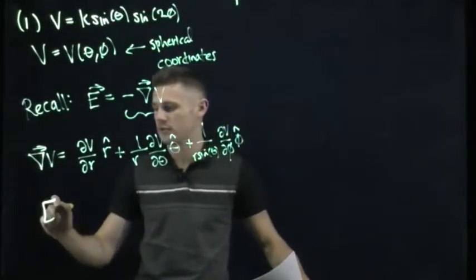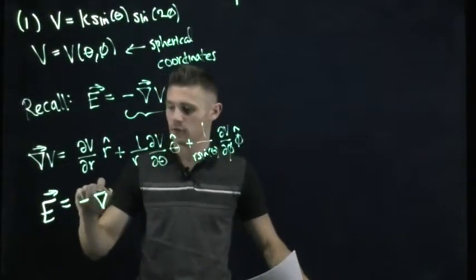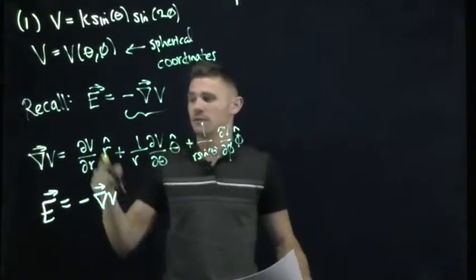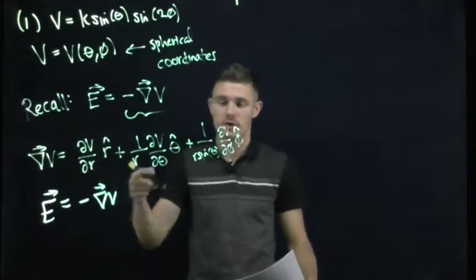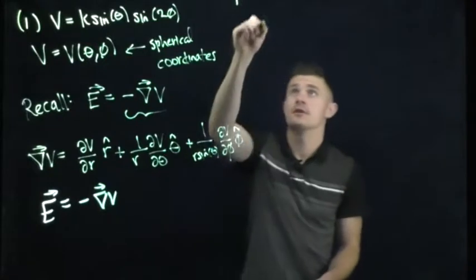So now we find that the electric field is the negative gradient of our potential, and we simply plug the potential into this equation, and we'll be able to find our electric field. We'll start that up here.